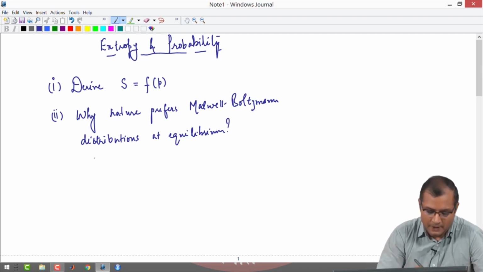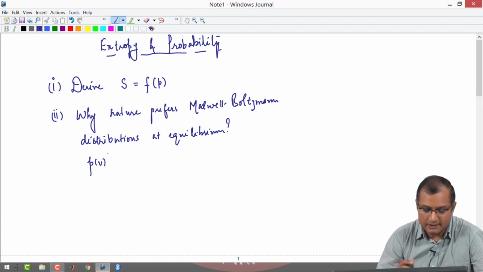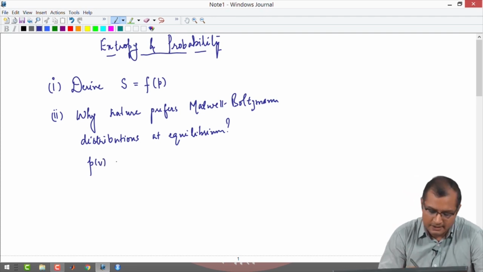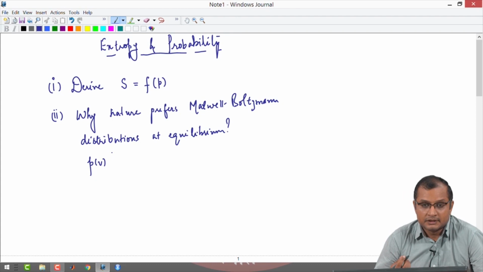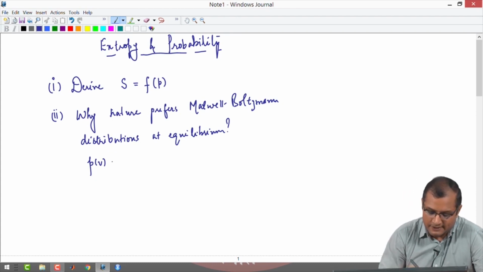For example, why is the distribution of velocities, let us say for a one dimensional gas at thermal equilibrium T, always, with some normalization constant, e raised to minus mv square over kBT?